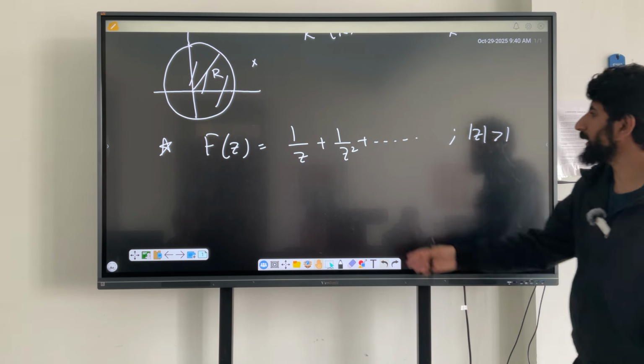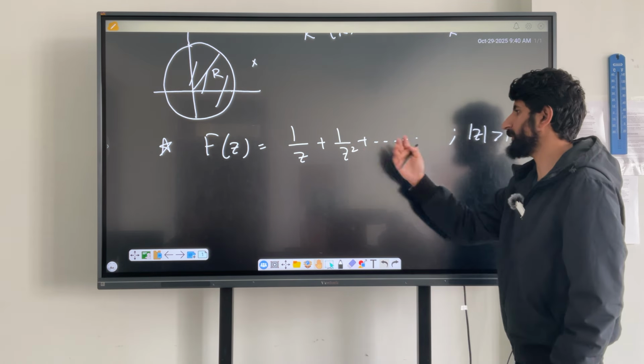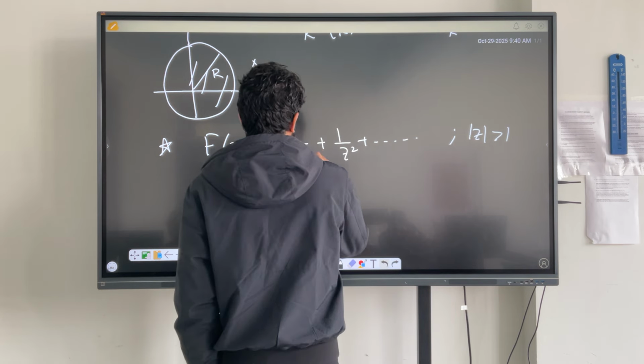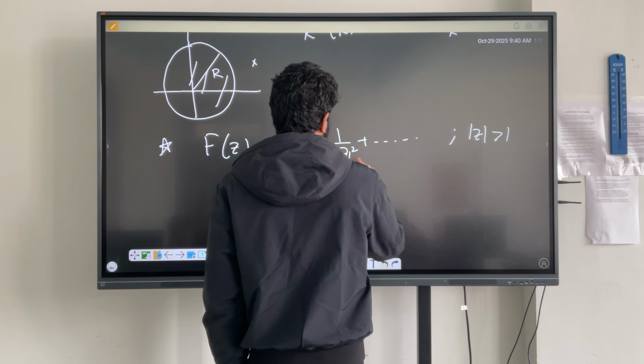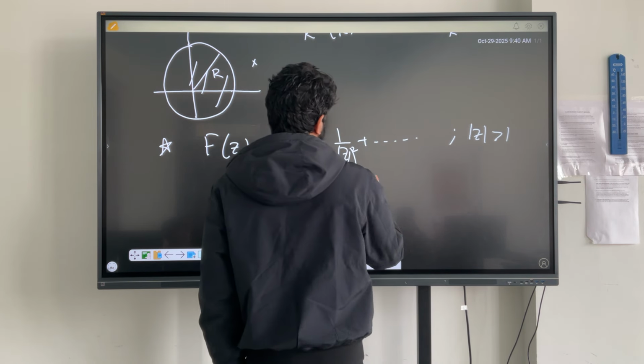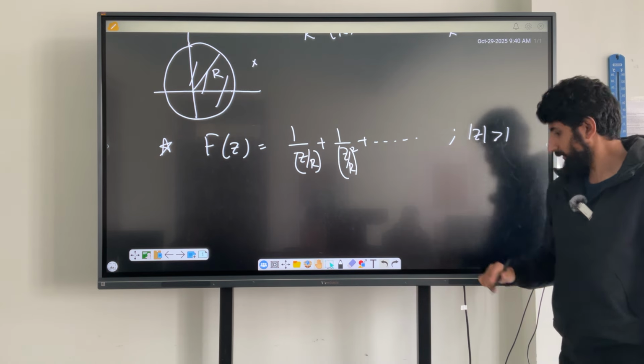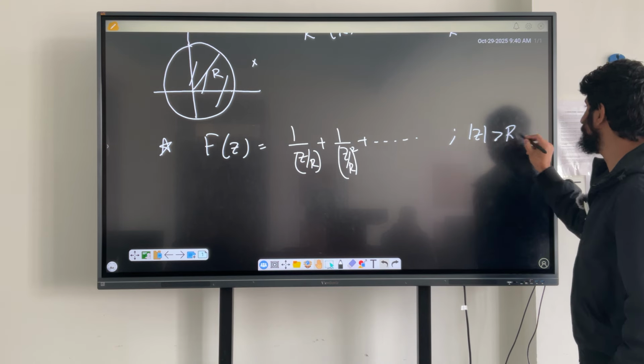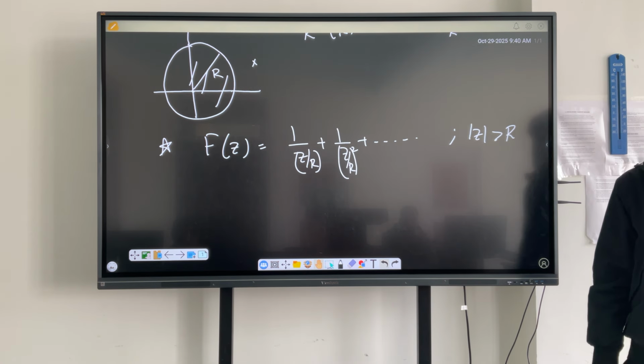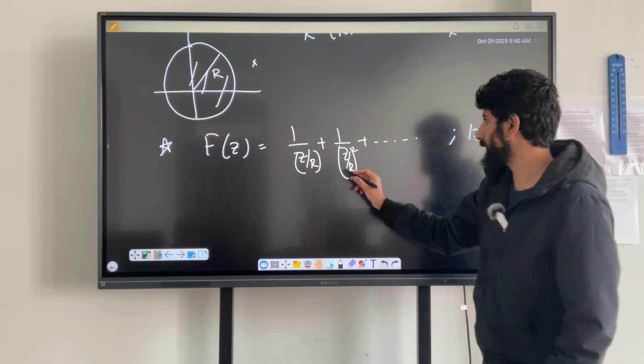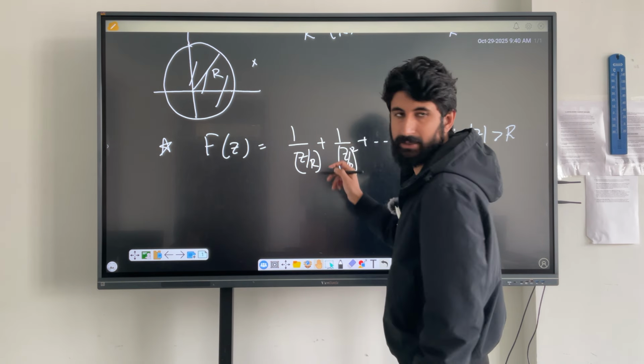In fact, I can make this anything by r, z by r, z by r square. If I consider this kind of series, then mod z should be greater than r. And this r and that r may not be the same. I can just put r minus whatever.